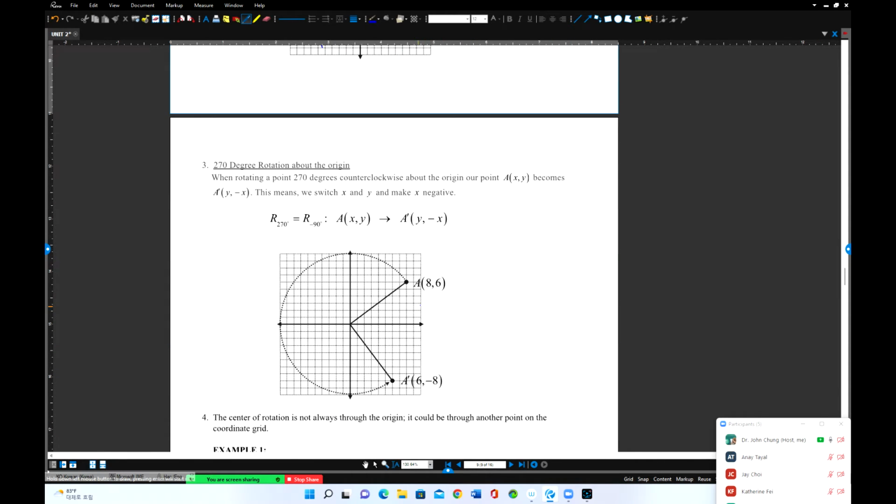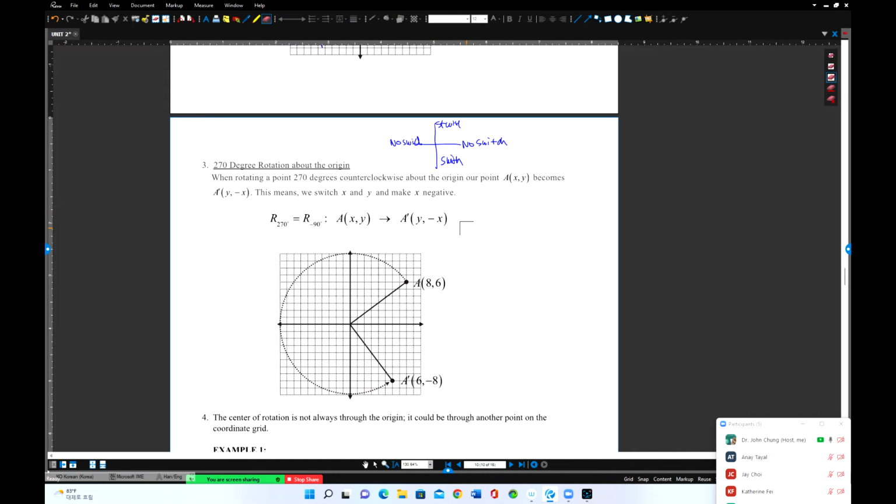The next one, number 3: 270. This is a switch again. 90 is a switch. 180 is no switch. 270 is a switch of X and Y, but this one is different: the second number is now minus.